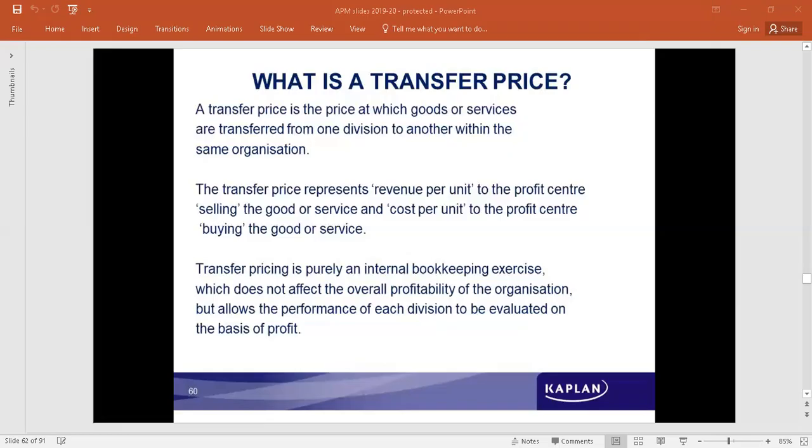As part of performance management, this is responsibility accounting. We study this particular concept. When divisionalization is taken up, because it is difficult to manage the organization based on its size, authority is delegated to take decisions, yet at the same time there is also accountability for performance.